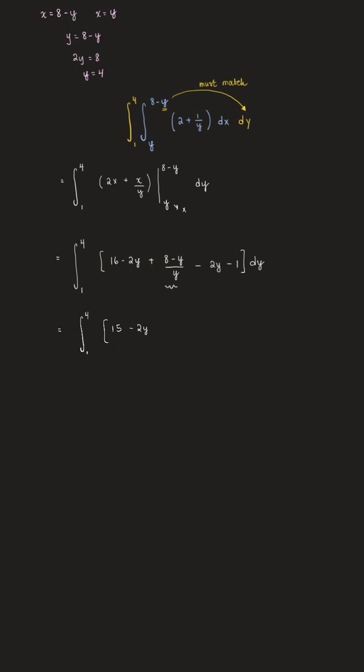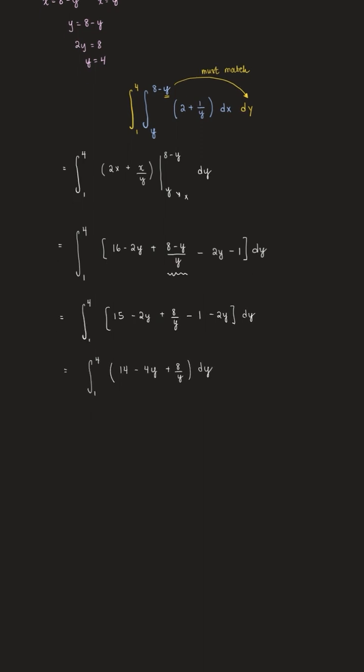We can split this term into 8 over y, so plus 8 over y minus y over y, because they're both over the same denominator, so minus 1. And then another minus 2y. I didn't really do very much combining here. Let's combine like terms again. We're going to have 15 minus 1 is 14, minus 2y and a negative 2y, that's minus 4y, plus 8 over y, dy. Okay, there we go.